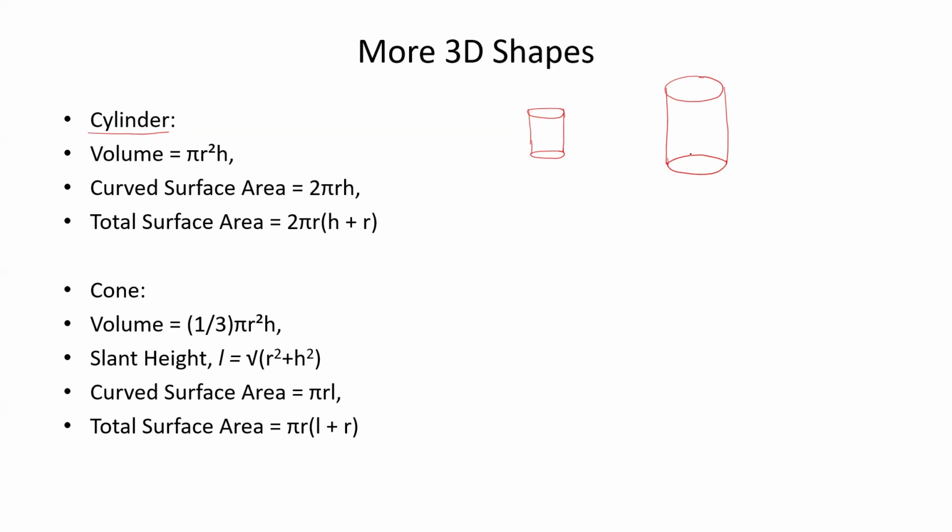Here you have a circle, and here again you can see the same circle, right? And in a circle, you know that we have a center, and we have a radius, R. R is the radius of a circle.